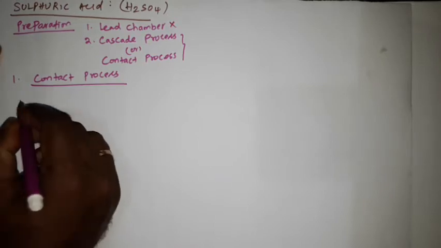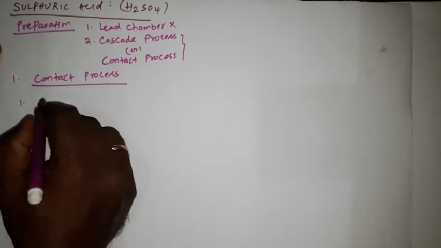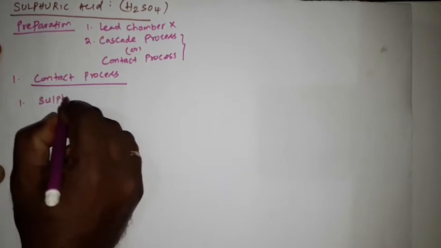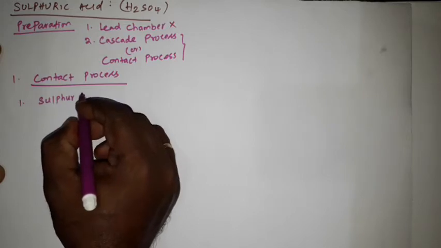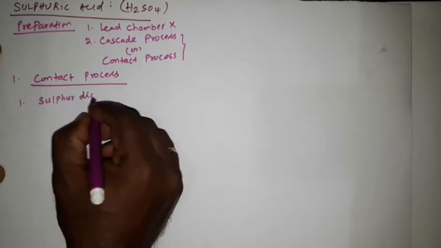So first one is initially sulfur dioxide is produced. The first step we have to produce sulfur dioxide.